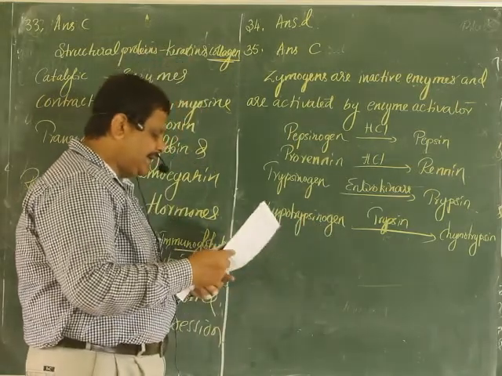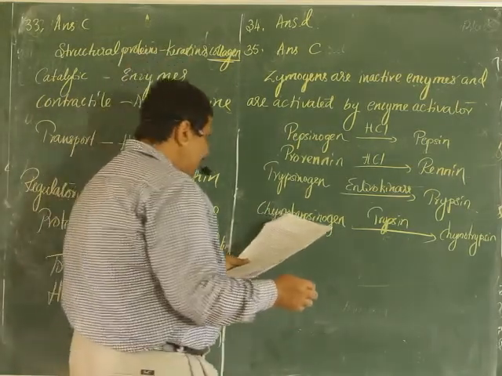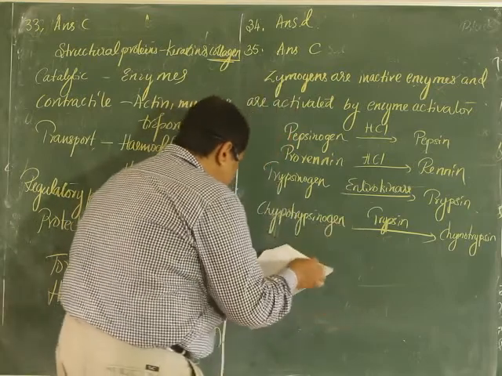Question number 36. Total quantity of DNA per genome of the organism.